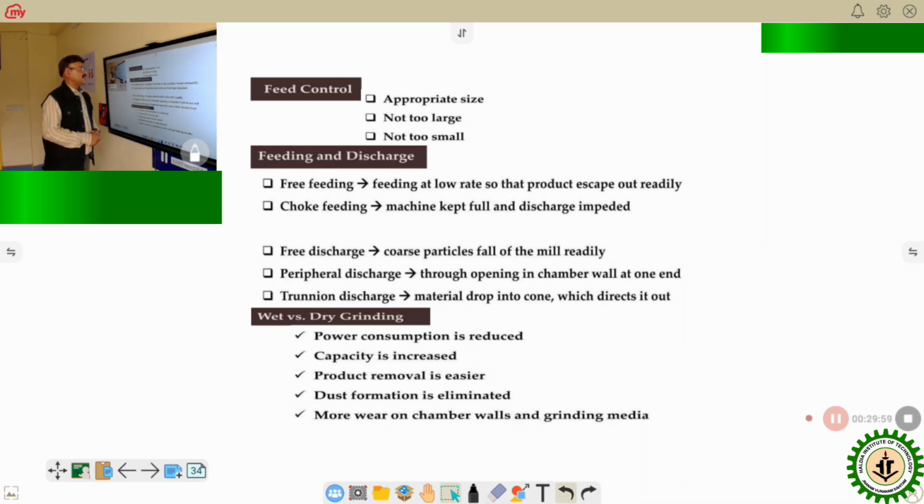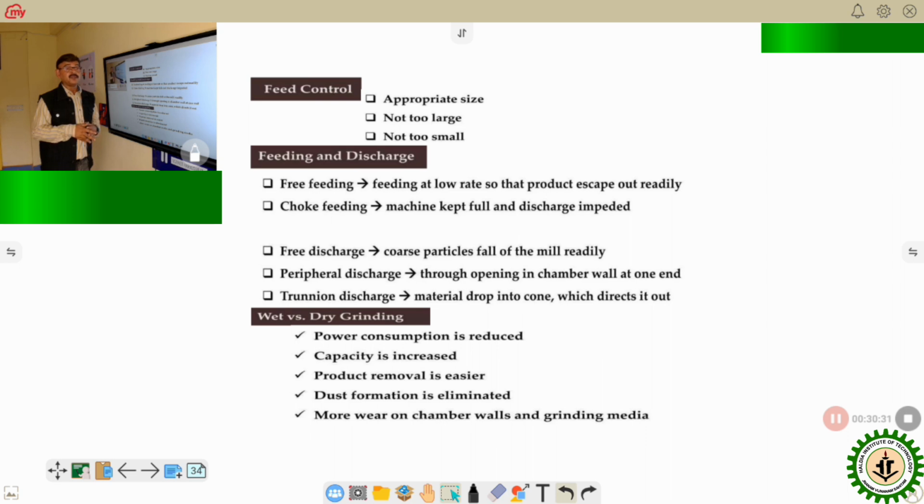Feed control is another parameter for this size reduction operation: feeding, discharge, and another one is the moisture content of the material to be crushed. Obviously, dry material will be more effectively reduced, but it has been observed that keeping a very small amount, 1 to 2% moisture in the feed material, helps in a better way.